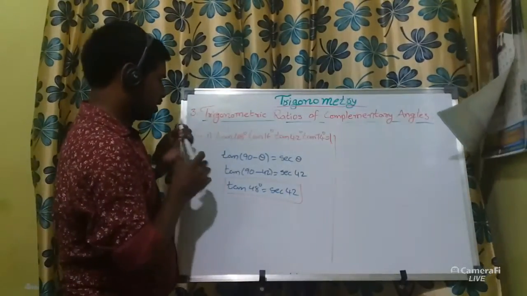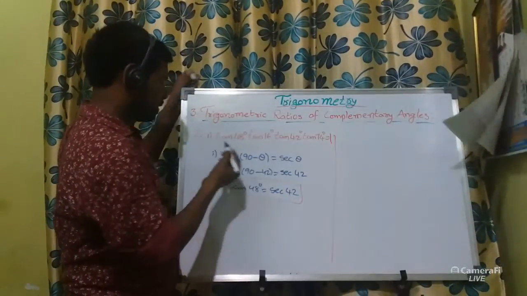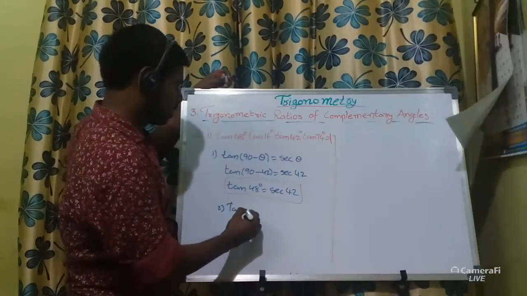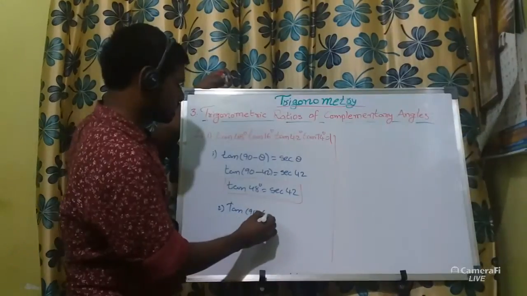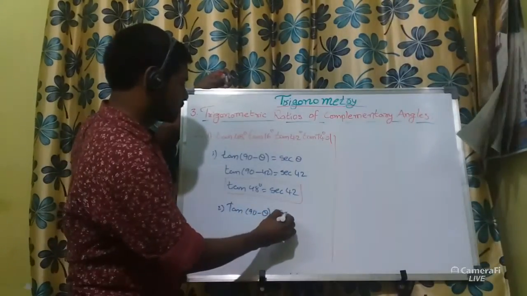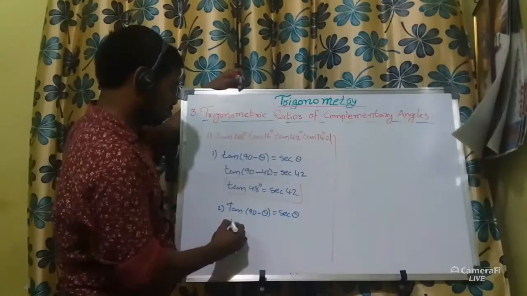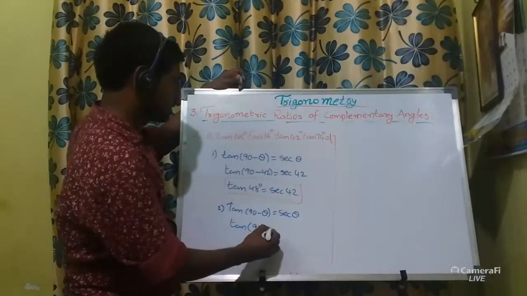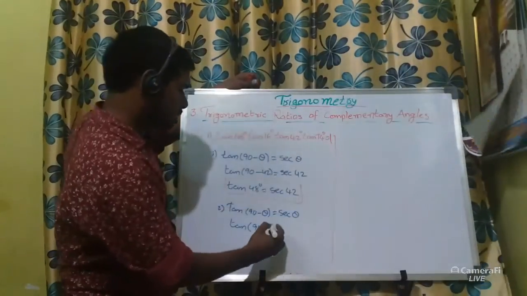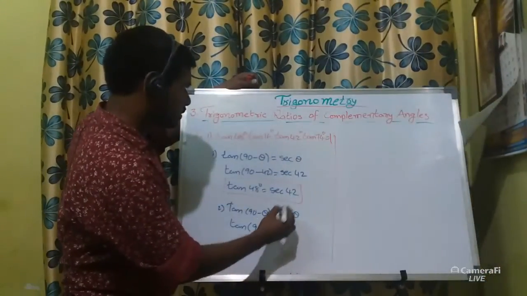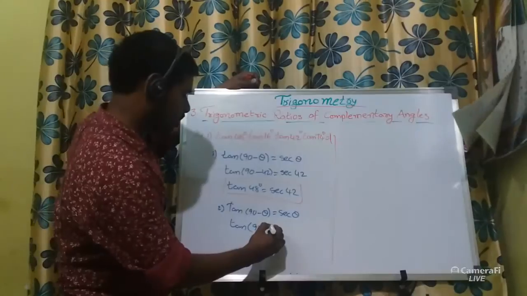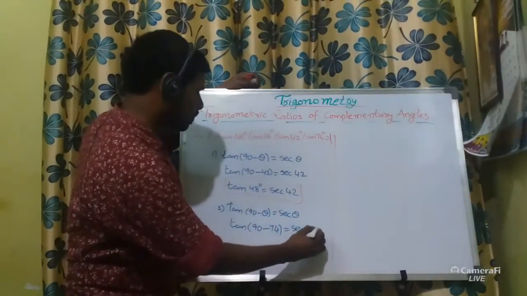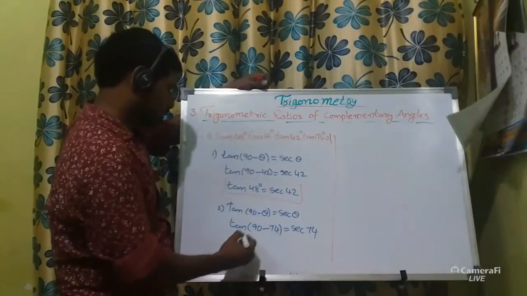Second one, again the same formula, tan 90 minus theta is equal to cot theta, but here I am subtracting tan 90 minus 74 is equal to cot 74.